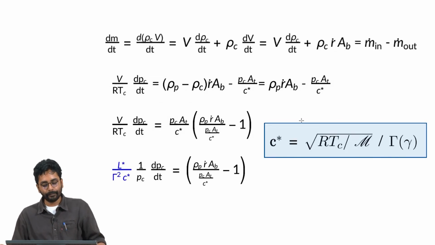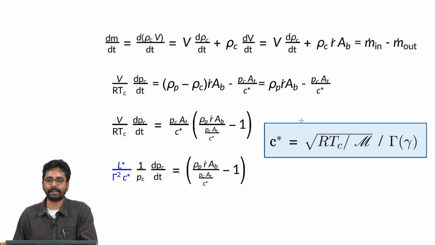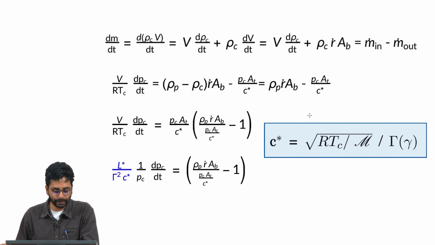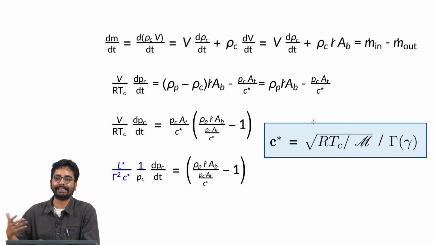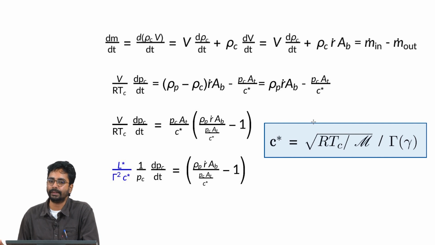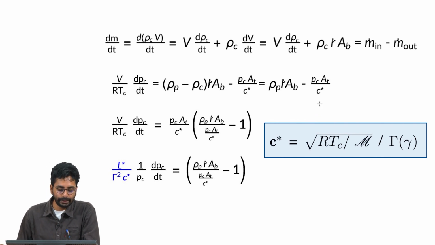The simplest first question that we can ask about the behavior of a solid rocket motor is how the pressure inside, once ignited, changes with time. This can be calculated from a simple mass balance.